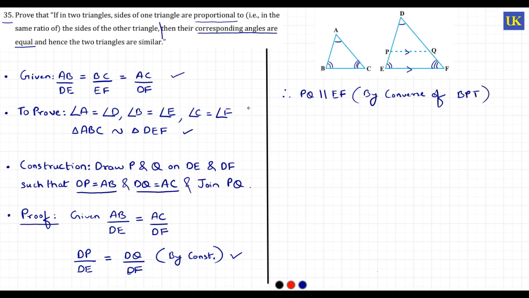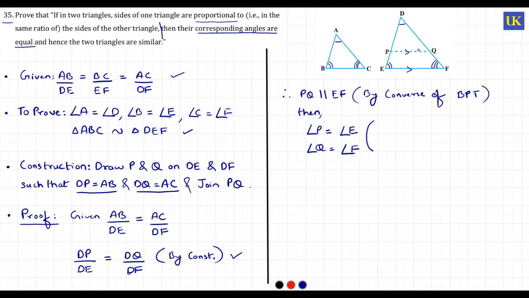Now next, I can also say that angle P is equal to angle E, and angle Q is equal to angle F. How can I say this? See here, if these two lines are parallel, then PE and QF will act as a transversal.